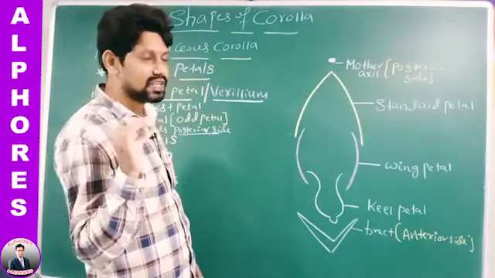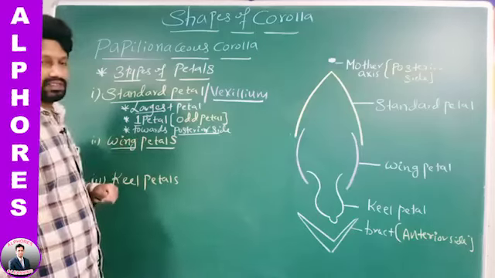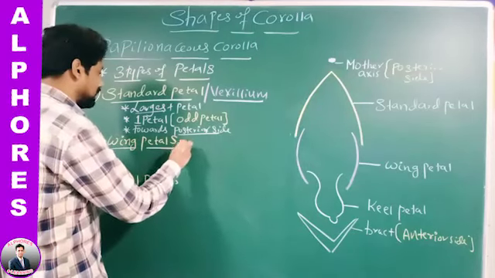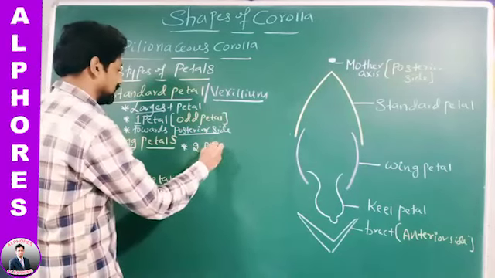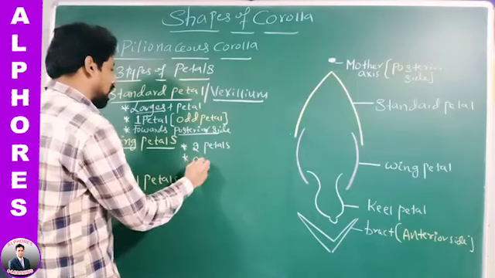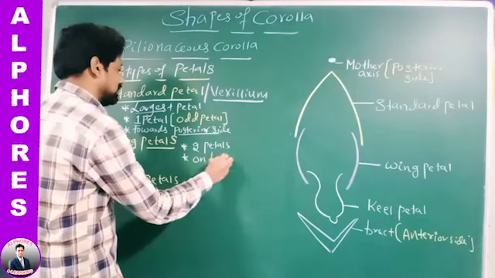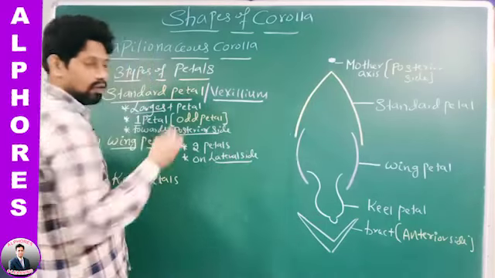Therefore, medium sized petals. Okay, we are discussing which petals, sir? Wing petals. Wing petals are how many in number? They are two. Where are they? They are on the lateral side. What in size?